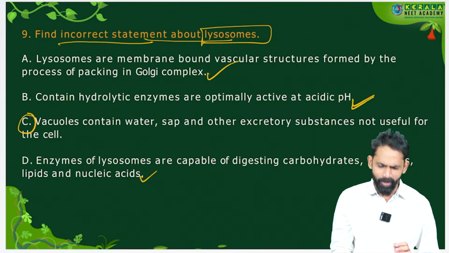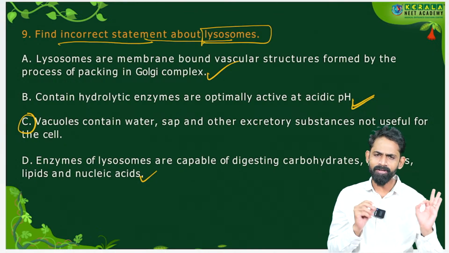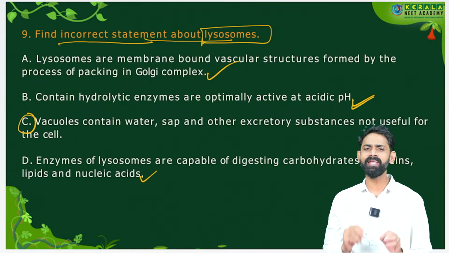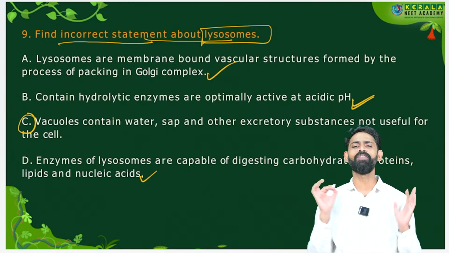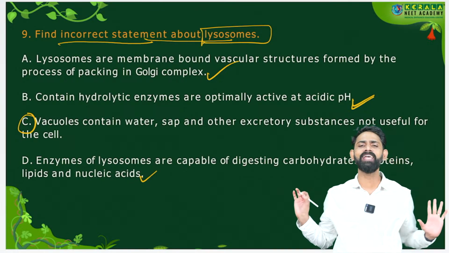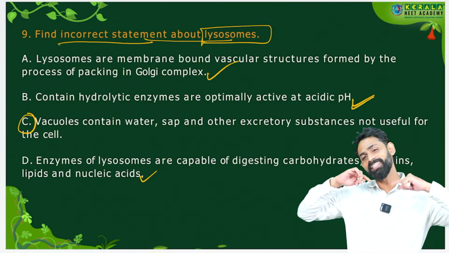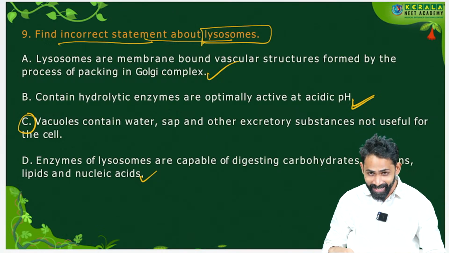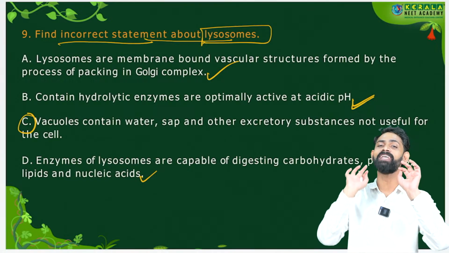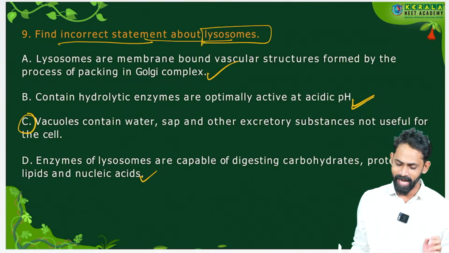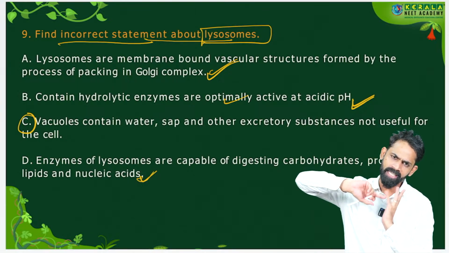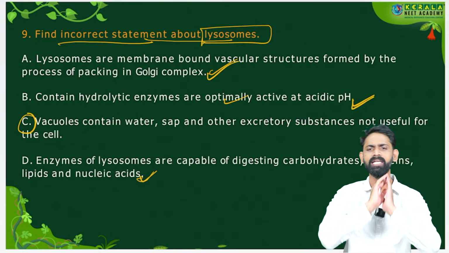Correct. Option C, just one time check. Vacuoles containing water, sap, and other excretory substances not useful for the cell. Exactly as the statement present in the cell under the vacuole. This statement is also correct, but it is not a reference to the lysosome. You need to understand: A, B, C, D are all correct statements only.